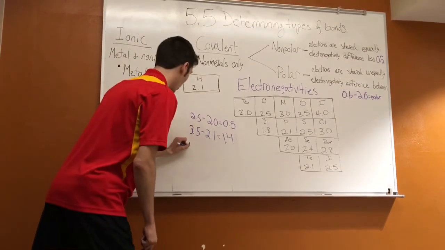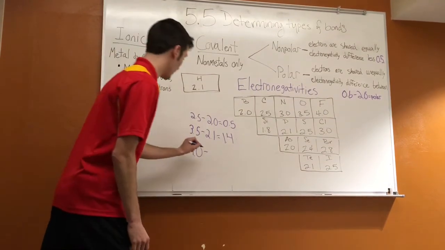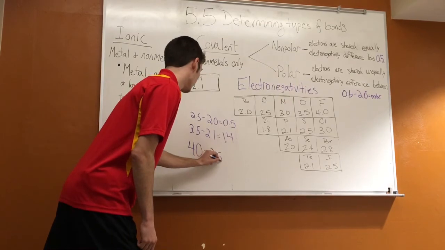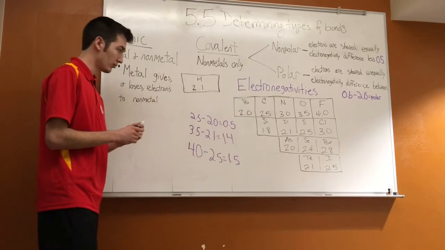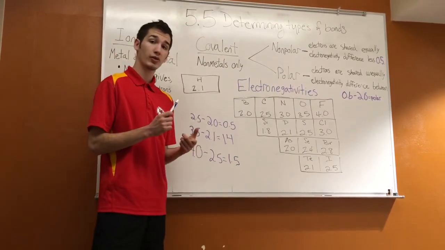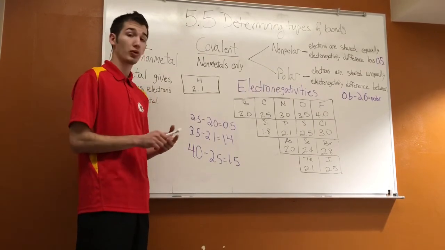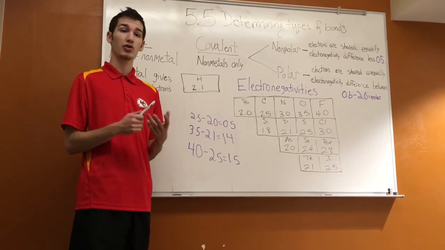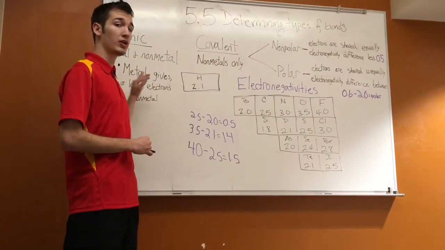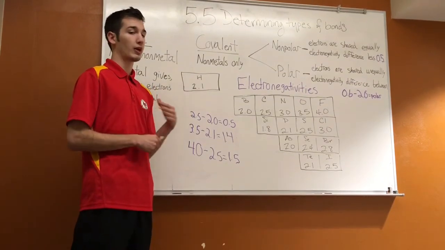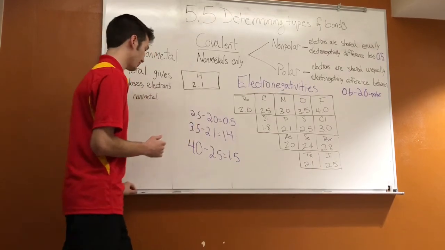Fluorine has a 4.0, carbon has 2.5, and that equals 1.5. Does 1.5 equal 0.5 or less? No, so we know it's not nonpolar. Is it between 0.6 and 2.0? Yes, so we know it's polar. Anything above 2.0, you're really getting into ionic territory, but don't worry about that, we're not really going to ask you that. Just know that between 0.6 and 2.0 is polar.